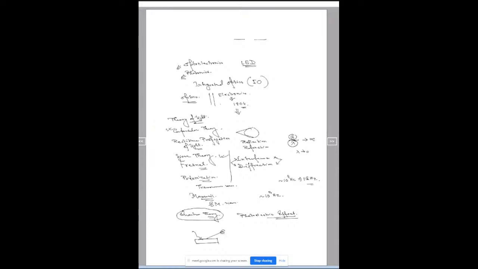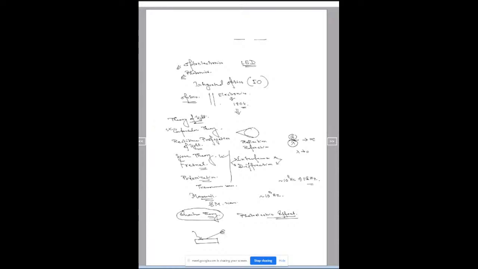Now we come to the basics and fundamentals of semiconductor devices, knowledge of which will be required. So we go to the next page. In today's lecture, I'll be focusing primarily on two basic optoelectronic devices.